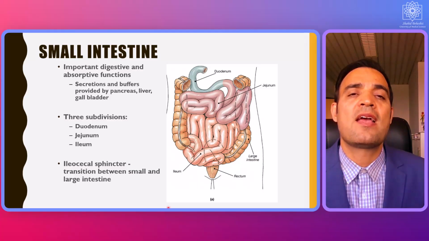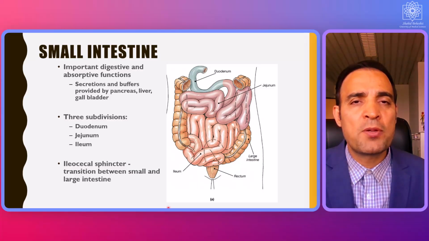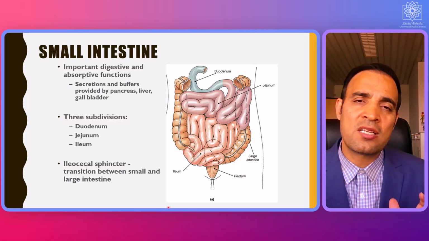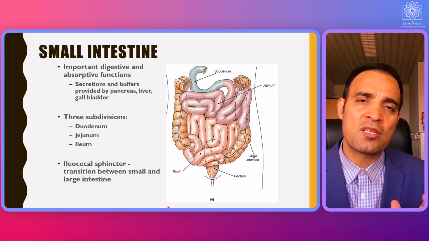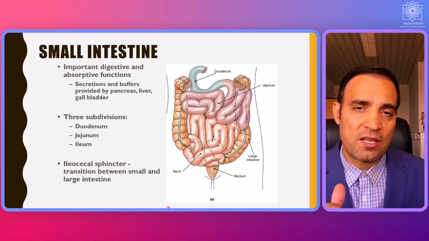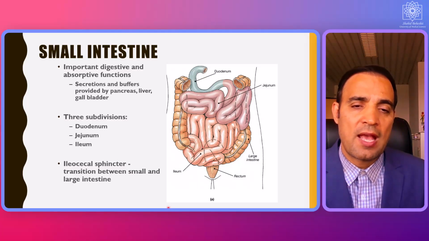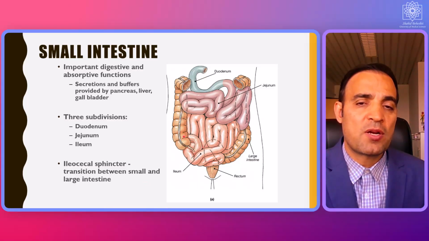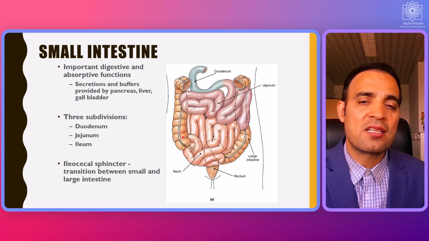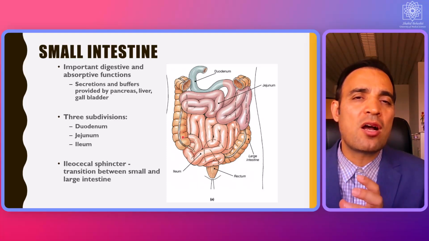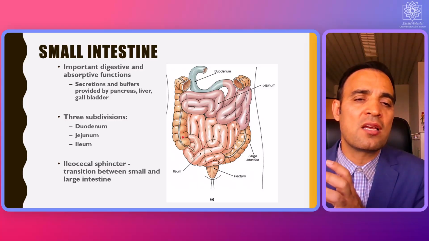Ileocecal sphincter again has a function like the pyloric contraction. It releases the content of the small intestine into the large intestine in a regulated way, not a continuous way. And again, the large intestine, particularly the ascending colon, regulates the amount of the movement in the ileum.